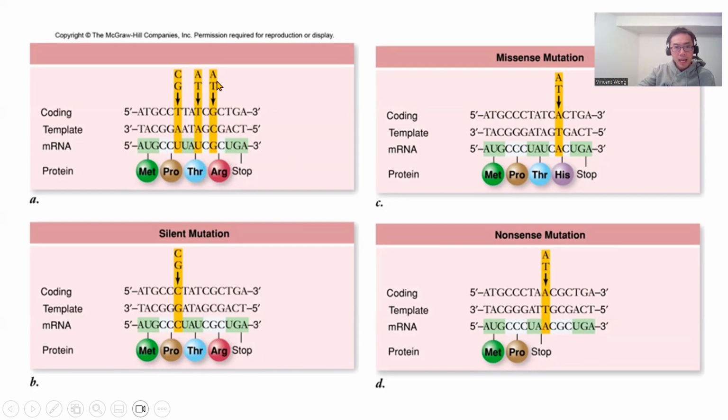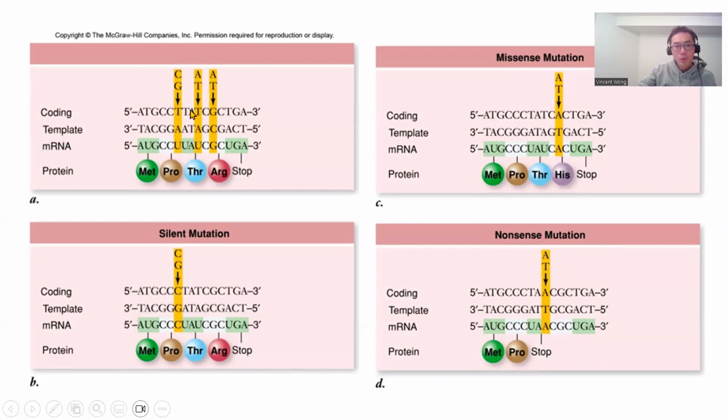But if you change the A to T, so it's no longer CGC. I'm so sorry, I read it wrong. If you look up CGC, it's going to give you arginine. But if you change the C to A, and you have CAC, then the code is going to be different. So that's a missense mutation.